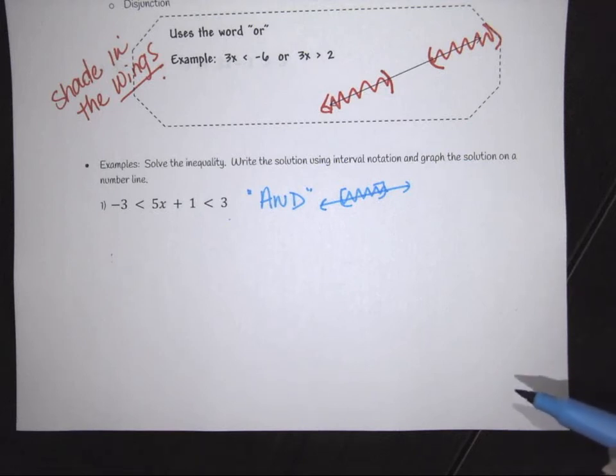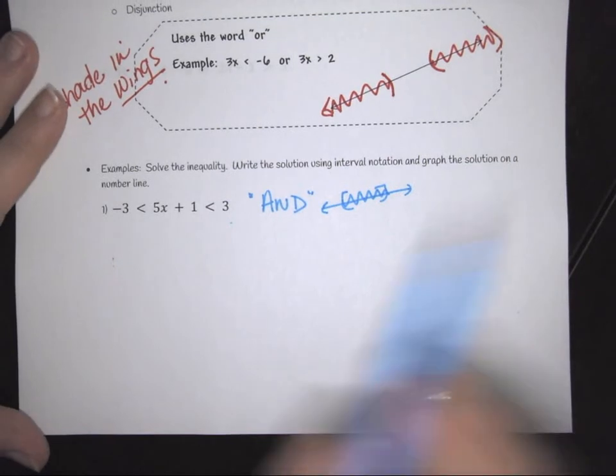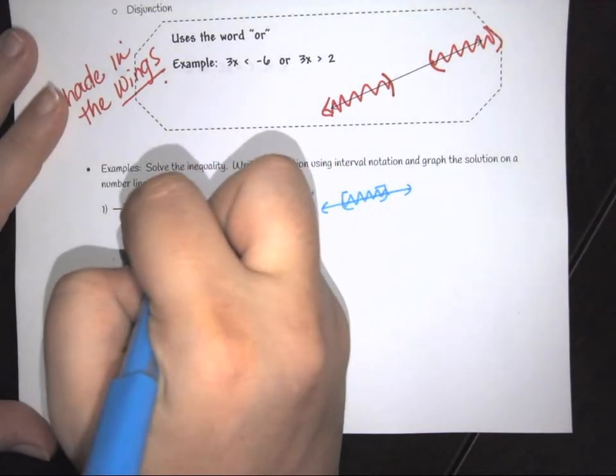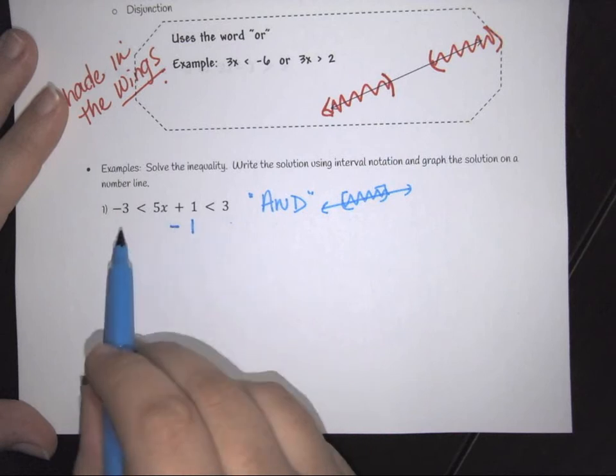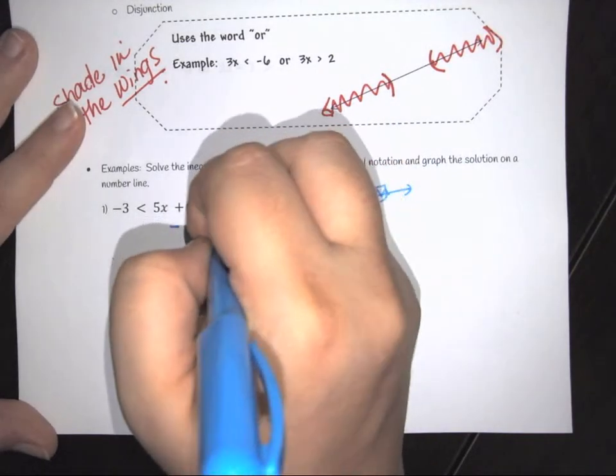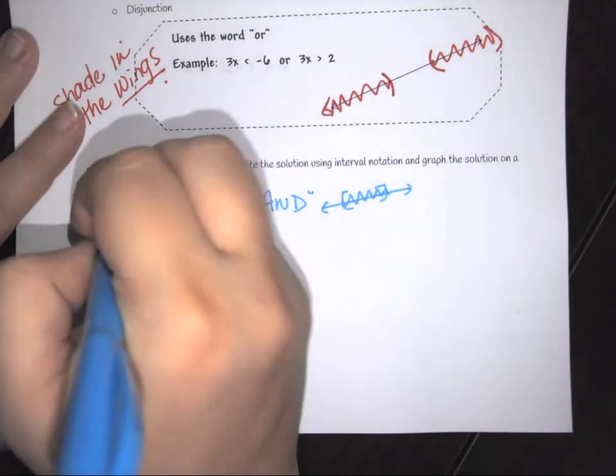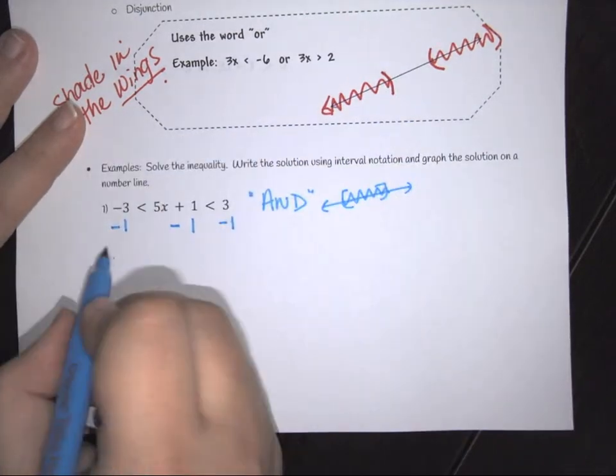In this case, I have two wrappers that have to go, so I need to unpack it the same way I would a linear equation. To get x by itself, the first thing I need to do is subtract 1. Whatever I do to the middle, I need to do to both sides, so I also subtract 1 from this side and subtract 1 from this side.